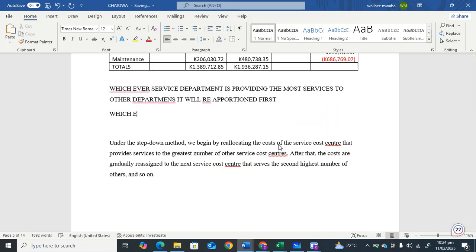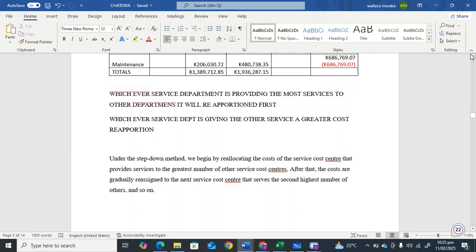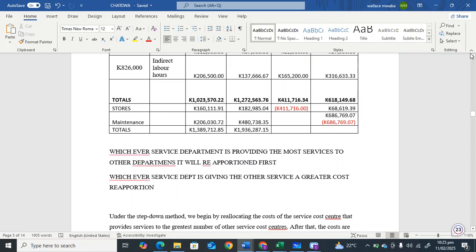I've also heard other sources which say whichever service department has the higher overhead, you can reapportion it first.